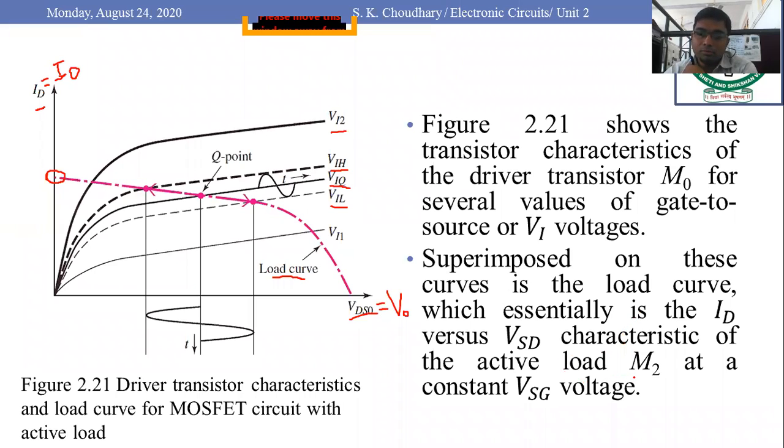These are the characteristics of this active load M2, keeping VSG constant. That's why we have taken only one VSG. There are not multiple curves, only one curve, and this curve also corresponds to the Q point. So this curve is plotted for VIQ.